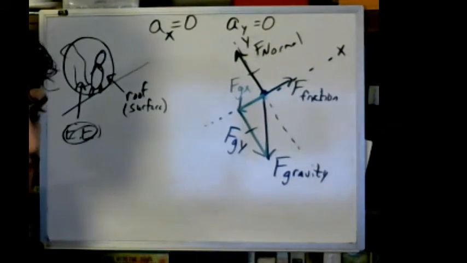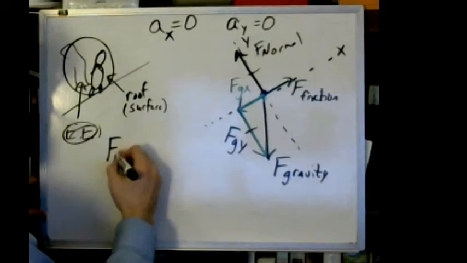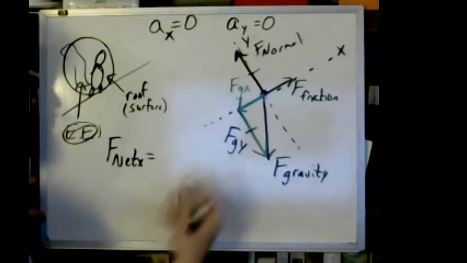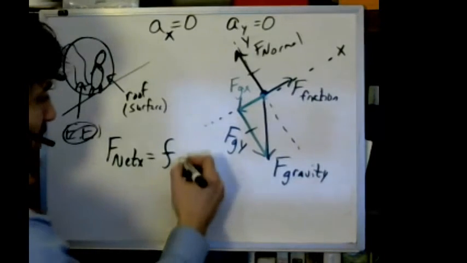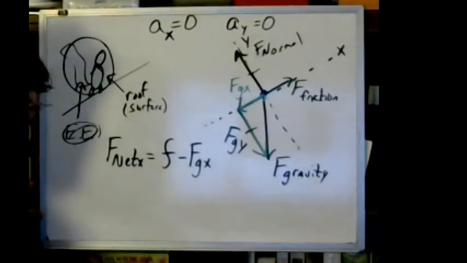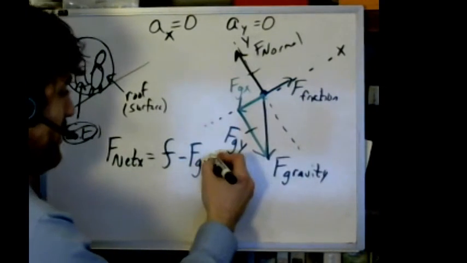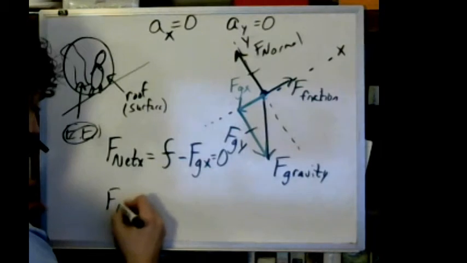We know that the squirrel is not accelerating. So when we go to our net force equations, we have two forces in the x direction. The friction minus Fgx, the strength of the gravity which is pulling along the roof, has to be equal to 0. We have F net y.